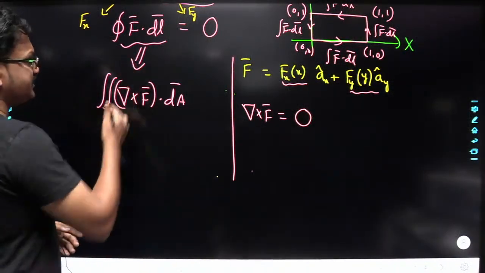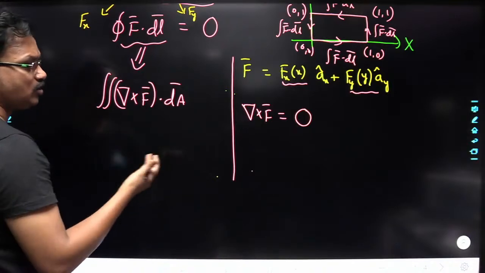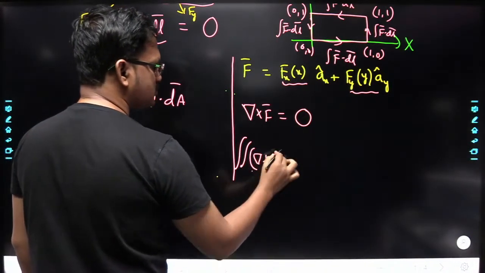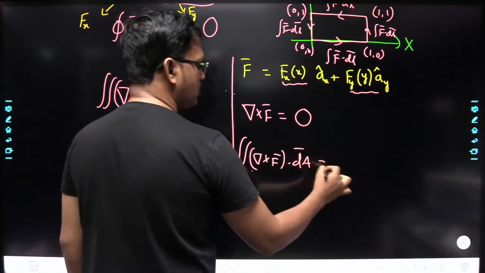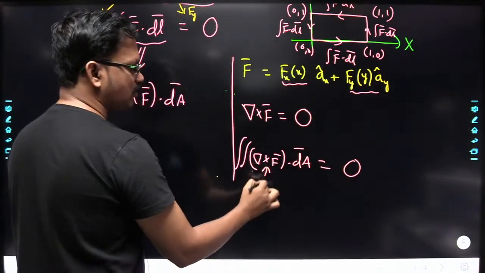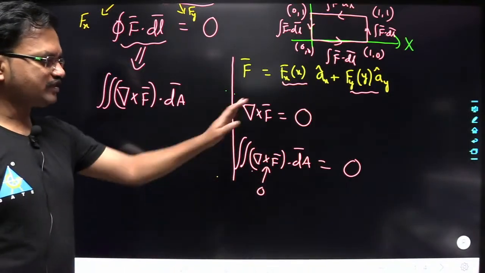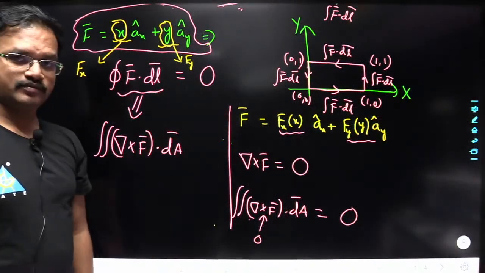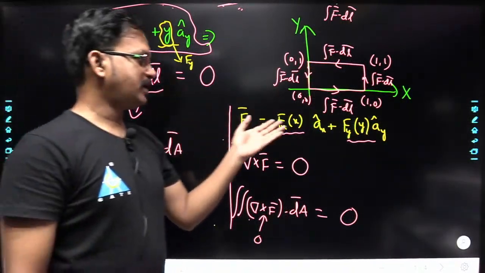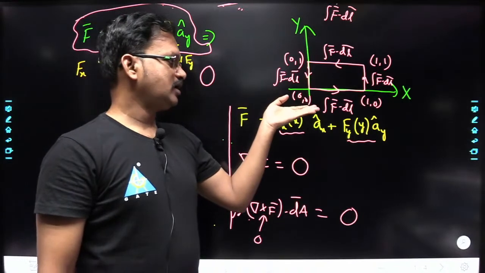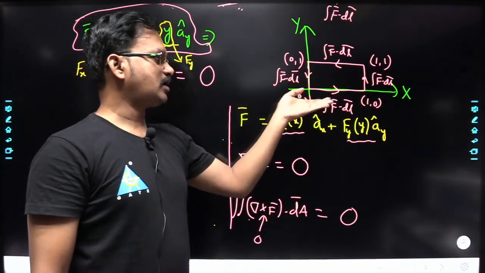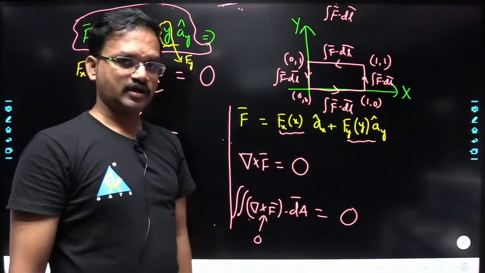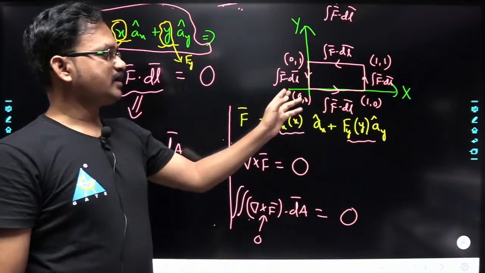Now you can easily tell the circulation of the vector field around any closed loop. That is, the double integral of del cross F bar dot dA bar will be equal to 0, because the curl of this vector field is equal to 0. So within one step you can tell the answer for this question. There we did the mathematical calculation: we determined the integral of F bar dot dl bar along this line, this line, this line, and this line, and added them all up.